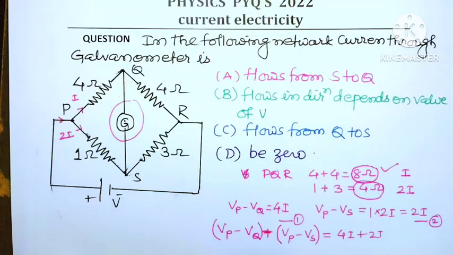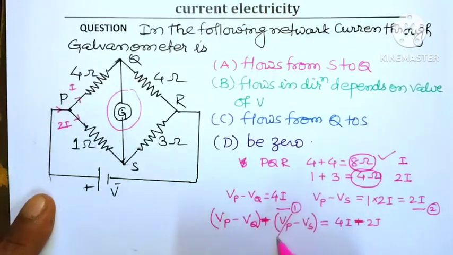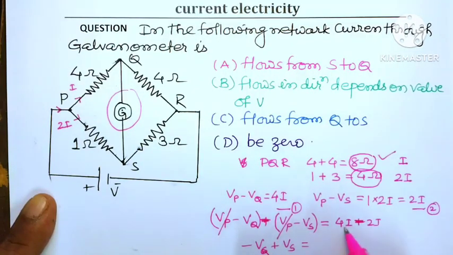Vp minus Vq minus (Vp minus Vs) is equal to 4I minus 2I. So see what happens, plus Vp minus Vp gets cancelled. Minus of minus Vs becomes plus Vs, and minus Vq, that is equal to 4I minus 2I, which is 2I. So we can say Vs minus Vq is equal to 2I.